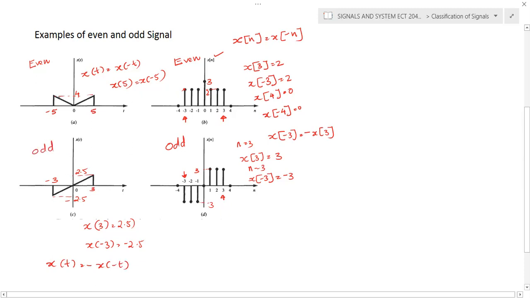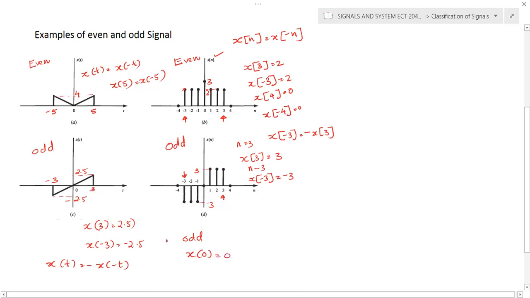So this is all about odd signals. If you observe this particular waveform, you will get one point for an odd signal. For an odd signal, at t equal to 0 or n equal to 0, the function magnitude is 0.